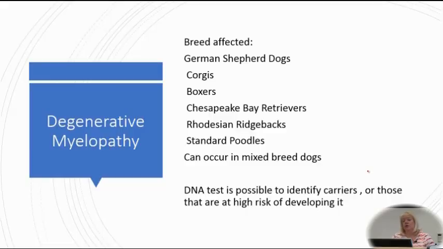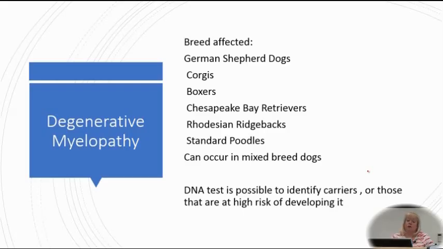Or if it is both of them, then you're at a high risk of developing DM. And I would think that if you have a double recessive on this gene and you're a German Shepherd dog who has issues with the back end, that likely that's what you have.